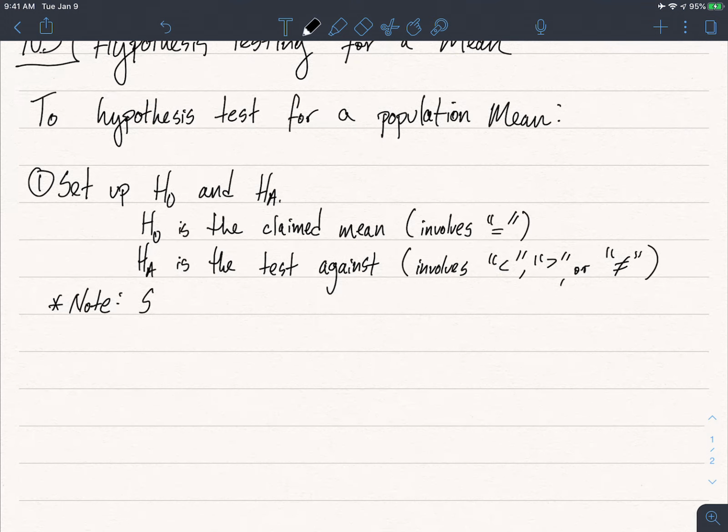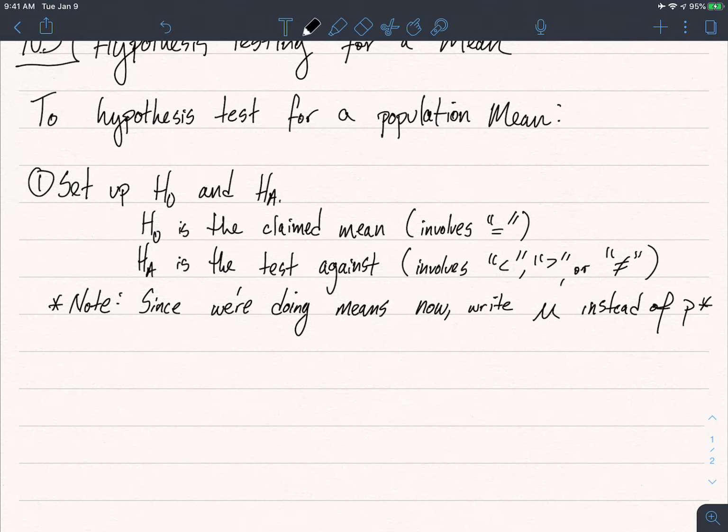Note, since we're doing means, now write mu instead of the p's we've been using.